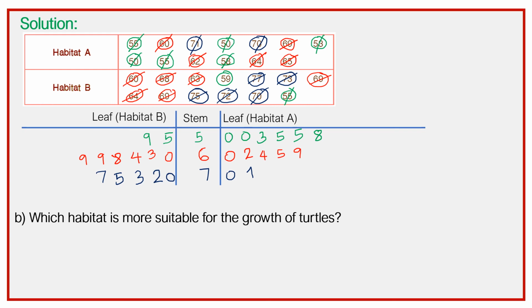So we can see that habitat B is more suitable for the growth of turtles than habitat A. This is because the body length of turtles in habitat B is longer than the length of turtles in habitat A. So we will say that the correct answer is habitat B. Thank you so much.